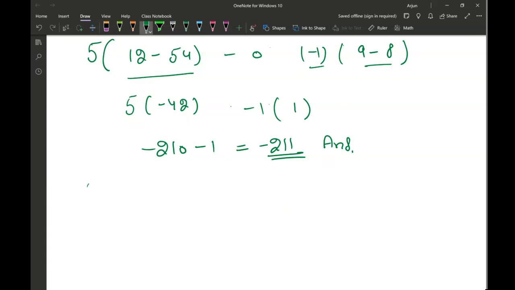So the question was for the determinant.